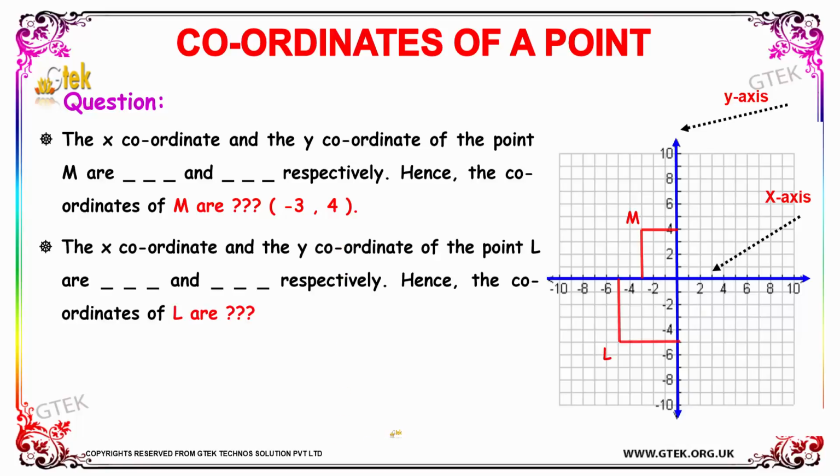Let's move on to the next question. The x-coordinate and the y-coordinate of a point L are dash and dash respectively. Let's see this one. We have L, so this one is x and this one is y. Minus 1, minus 2, minus 3, minus 4, minus 5.